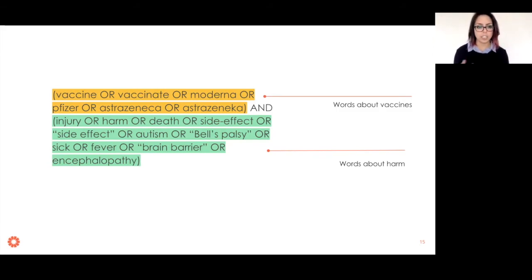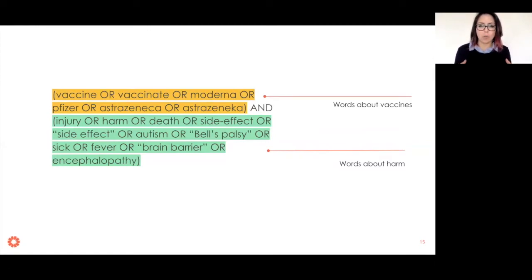Second set of words, injury, harm, death, side-effect with a hyphen. It's important to note that if something has a hyphen because there isn't a space, you don't need to use quotation marks. Or "side effects" as a quotation, autism, Bell's palsy, sick, fever, brain barrier, or encephalopathy. Some of these words we found through the posts that we went through earlier in this bootcamp.